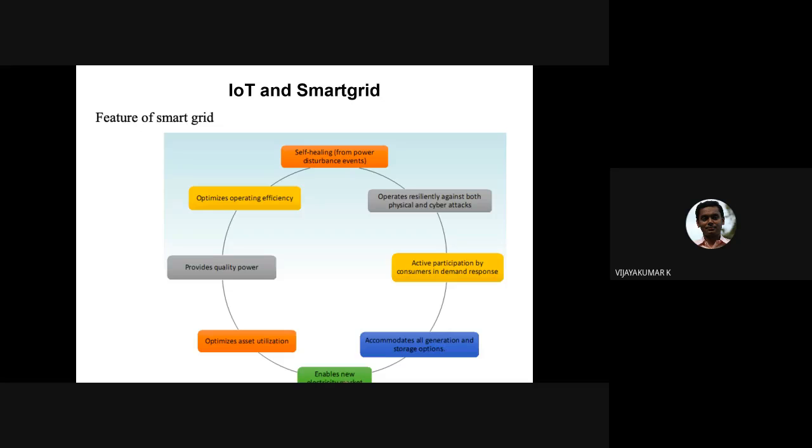How does it enable a new electricity market? For example, you are purchasing your electric vehicle. Now, how much of the time are we using our vehicle? Do you have any idea about it? We have the car, the four-wheelers. Do you know what percentage of the time we are using our electric vehicle?